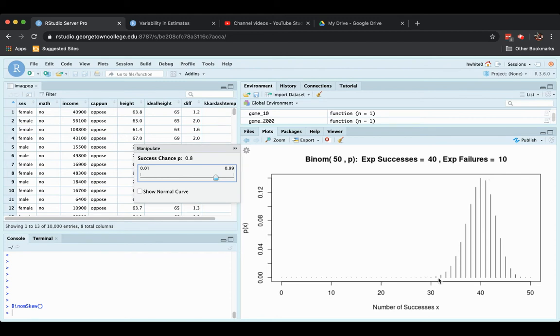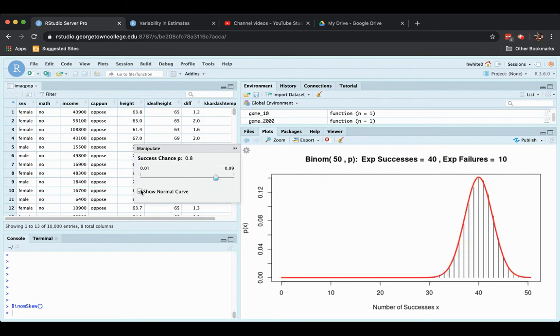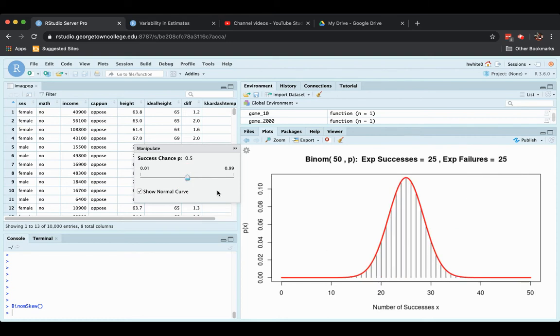They're at 10, and look at that. When I compare the distribution to the normal curve, again, it looks pretty similar. Of course, the higher the expected successes and failures both are, the more normal this is going to look. Let me move this to maybe a 0.5 chance of success on each of my 50 trials. Now there's almost a perfect match.